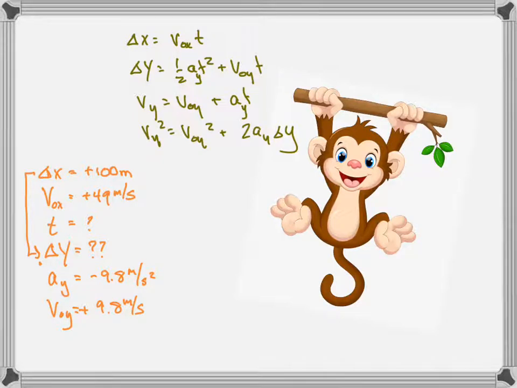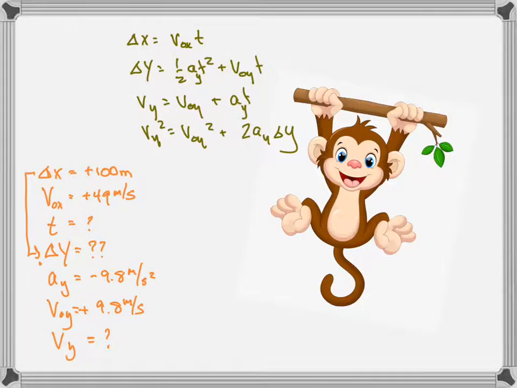And Vy final, we don't know. And I'll tell you, you might see that's not relevant to this problem. But let's see. How many variables do we have? There's 7. There's always, for projectile motion, 7 either knowns or unknowns. So I always count them to make sure I haven't forgotten any. There's 7 of those.